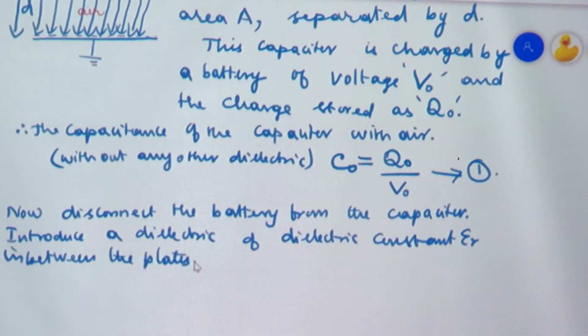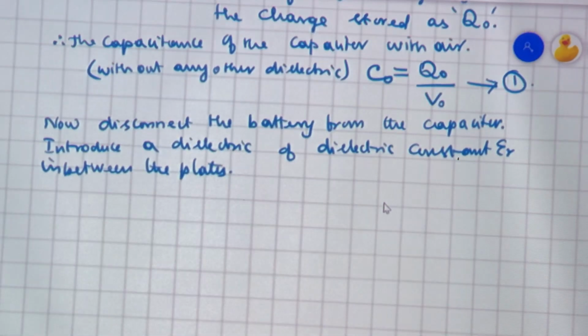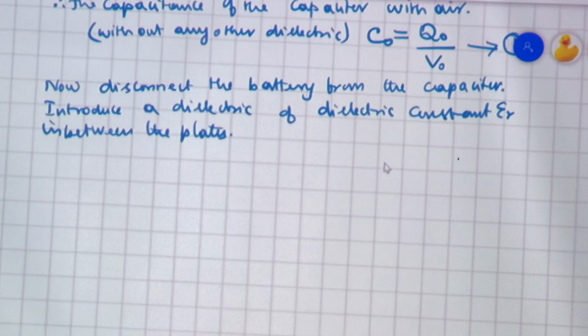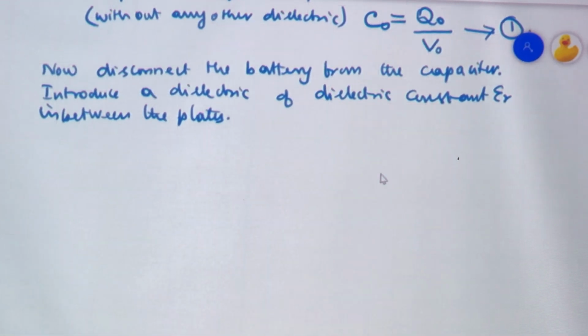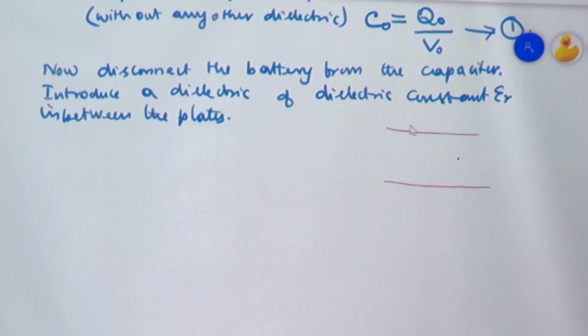Now disconnect the battery from the capacitor. After disconnecting, you introduce the dielectric in between the two plates, and the dielectric that you have introduced has a dielectric constant epsilon r. So again I am representing it with a diagram. I have taken two plates.